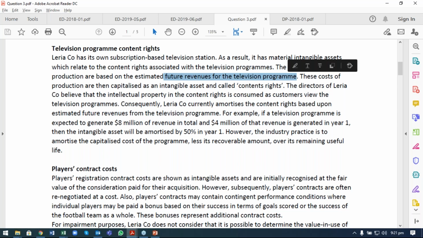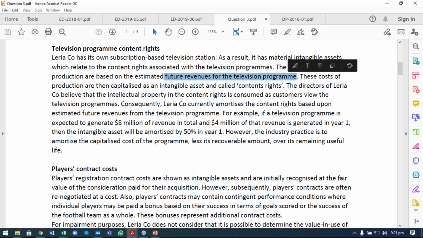So the estimate of amortization calculated by Laria company should be equal. And one more thing: I mentioned policy, but it is not a policy. Amortization charge is not an accounting policy. It should always be an accounting estimate. Apologies once again. So the estimate of amortization charged by Laria company with respect to this television program content makes sense.